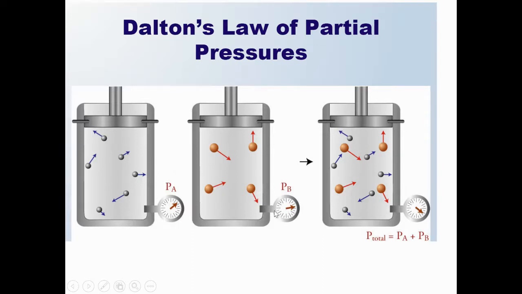If I were to transfer those two gases into the same equal volume container, the pressure that they will exert will be the sum of the pressure exerted by the blue gas and the pressure exerted by the orange gas. So the total would be the pressure of A plus the pressure of B. So you can see that the combined pressure is higher than the individual pressures.